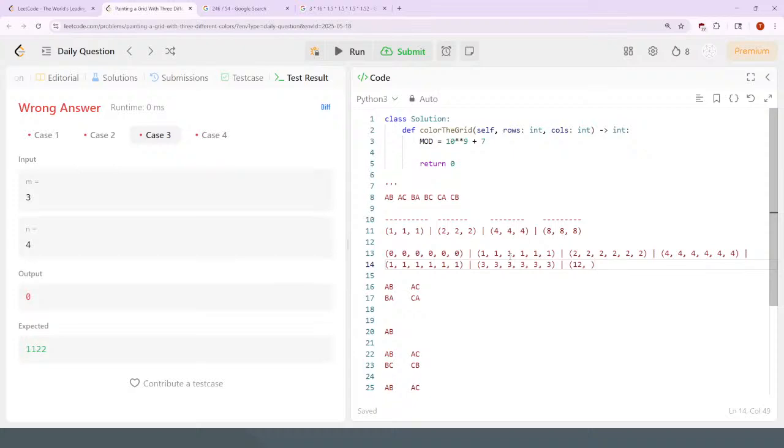BA here could be BC or BA here. So 3 times 4 is 12 again. It's just too big. It should be 9.